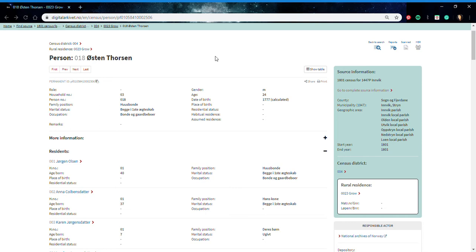And so then I looked for her father's age, and I found him in the census. And what happened?